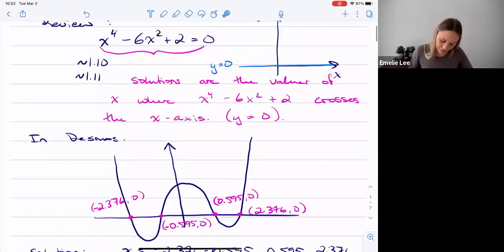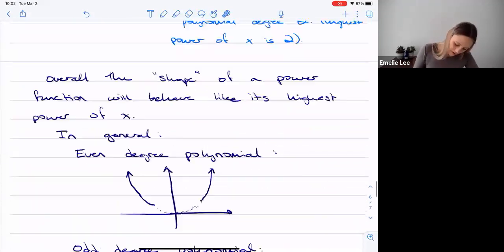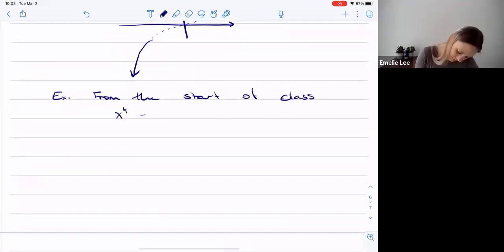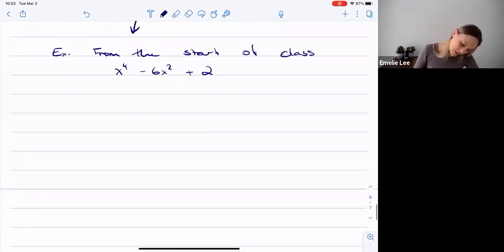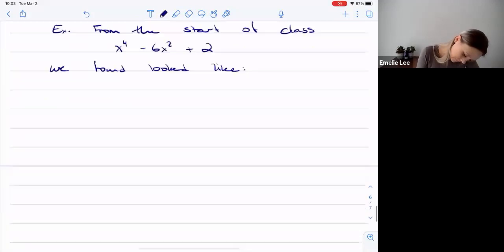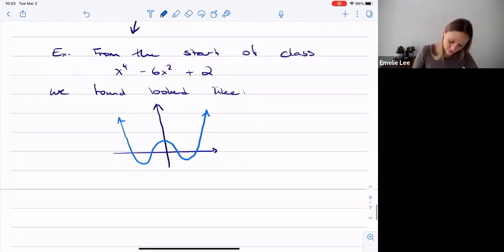So from the start of class, we had x to the 4 minus 6x squared plus 2. We found it looked like something like this. Right.